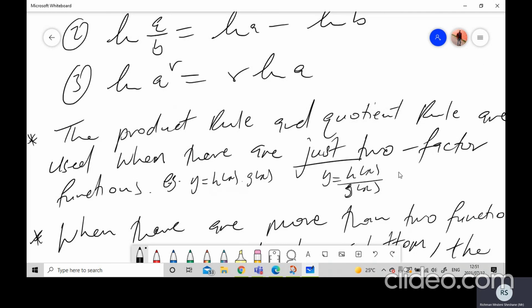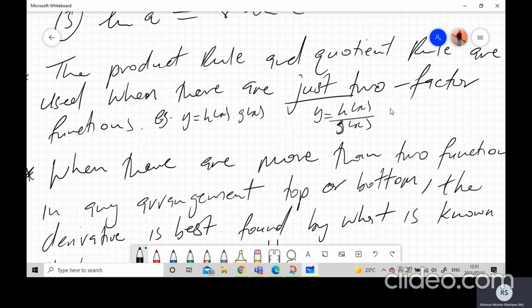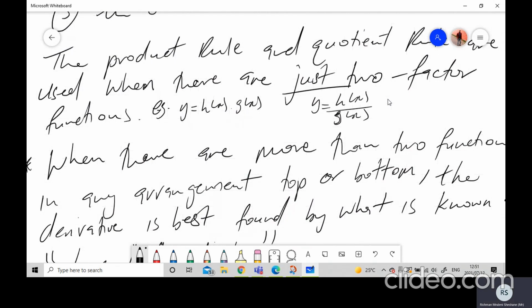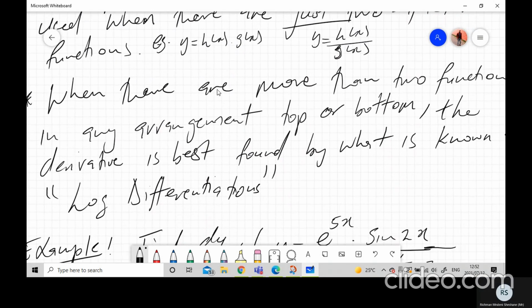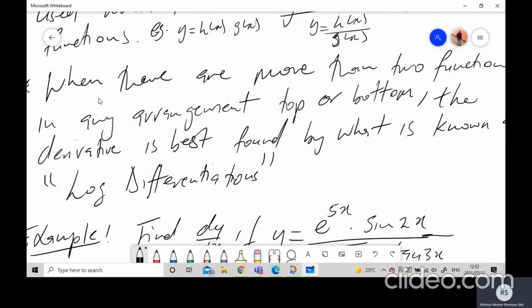And if we have a quotient of two functions, we can apply the quotient rule. When there are more than two functions in any arrangement, on top or bottom, the derivative is best found by what is known as log differentiation.